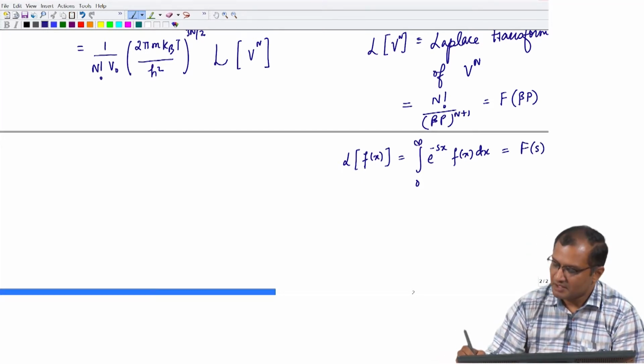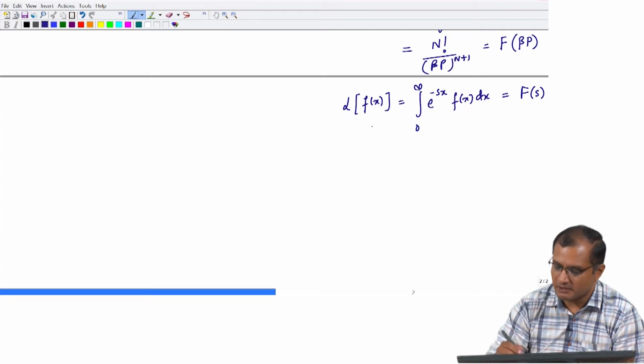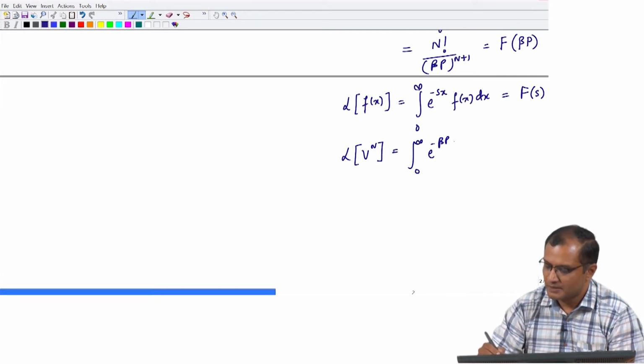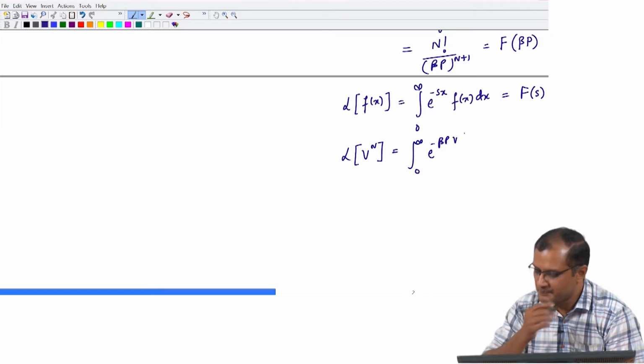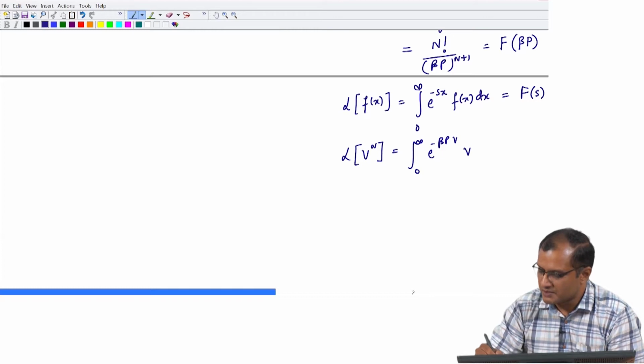Okay. Now, our function was v raised to n. So, the Laplace transform of v raised to n we can define as integral of e raised to minus beta p v into v raised to n dv.